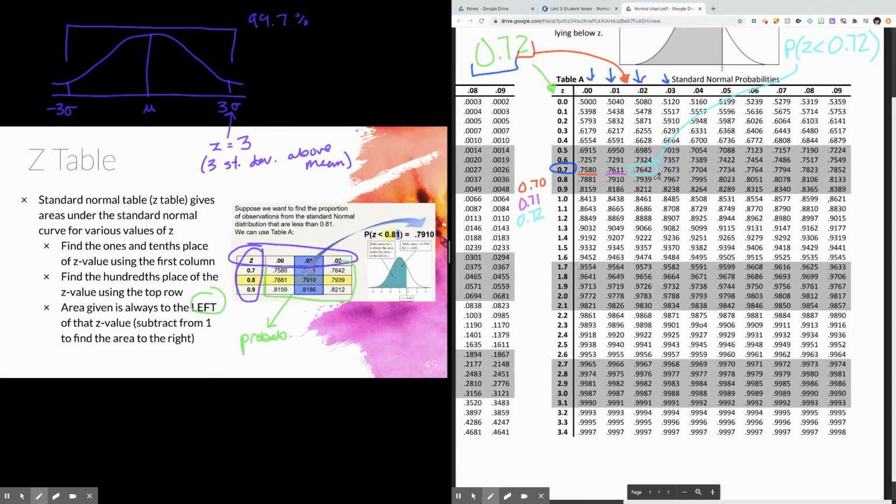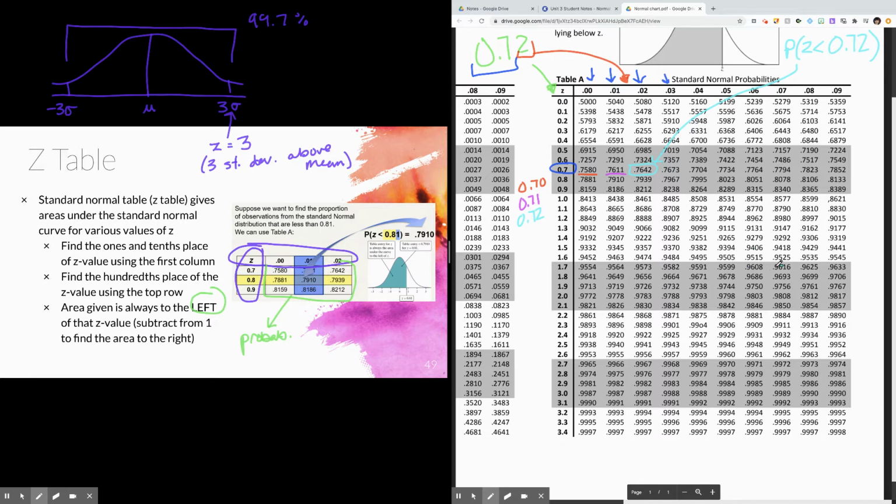If you think of your standard normal curve almost like a dartboard, there is a 76.42% chance that if you throw a dart and pick a random number along the z axis down here, you will hit a number that is less than z equals 0.72.